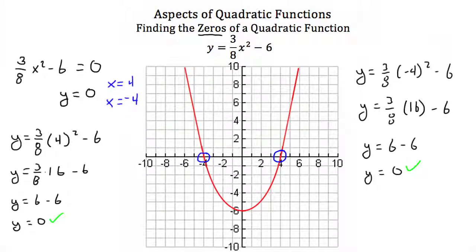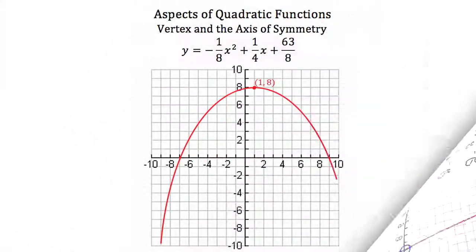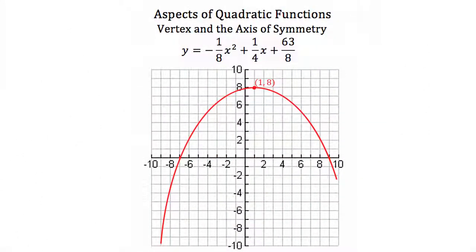So if we plug in x is equal to 4 and x is equal to -4, we do indeed get y is equal to 0. So if you need to find the zeros of a quadratic function, all you're looking for are the x-intercepts of that function.